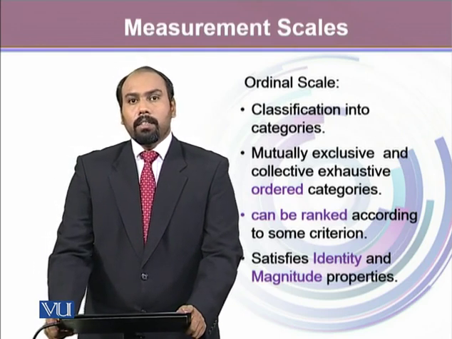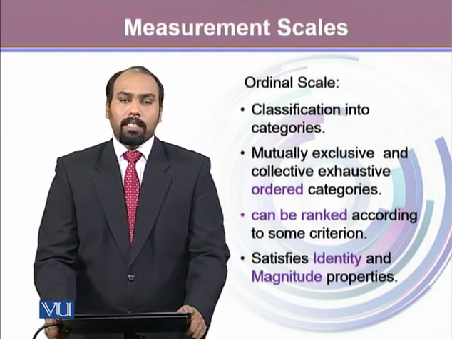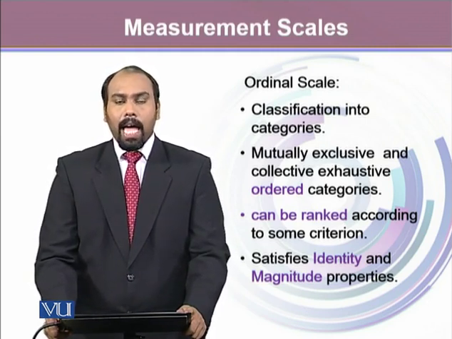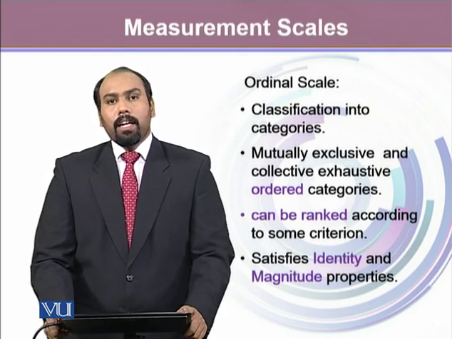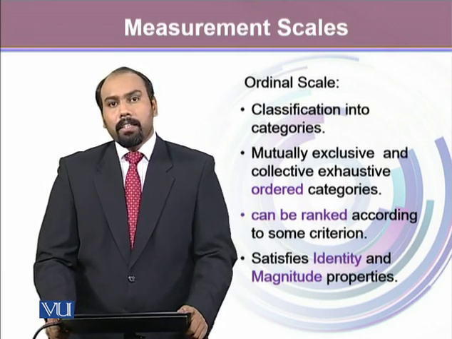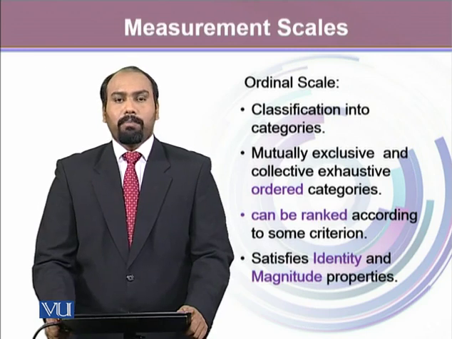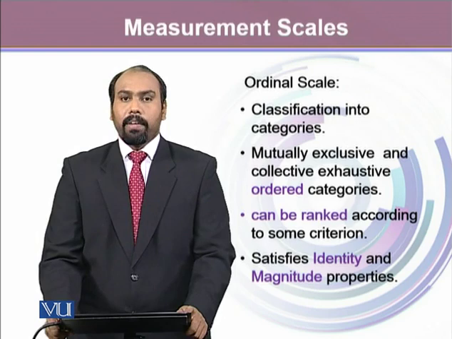But the difference between nominal scale and ordinal scale is that in ordinal scale, our categories have a certain order. These can be ranked. Therefore, they carry some magnitude, and they satisfy 2 properties of measurement, identity and magnitude of our variable.